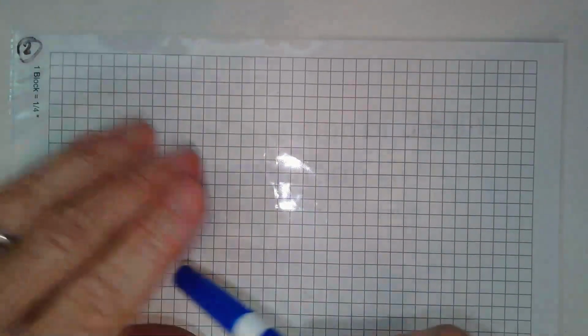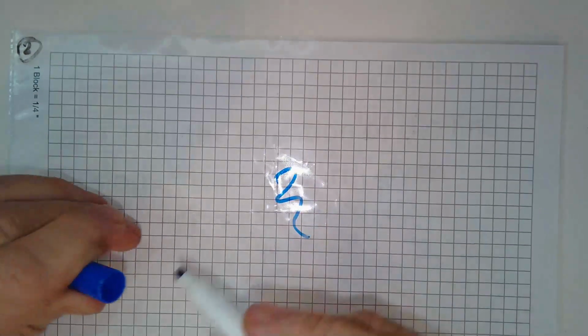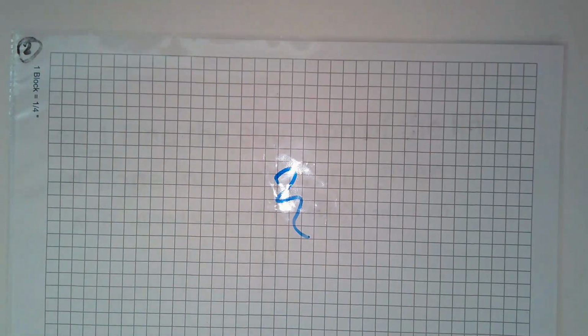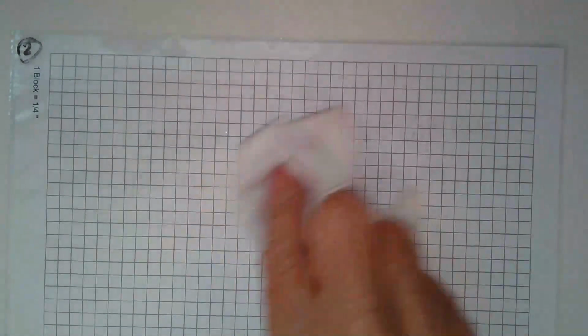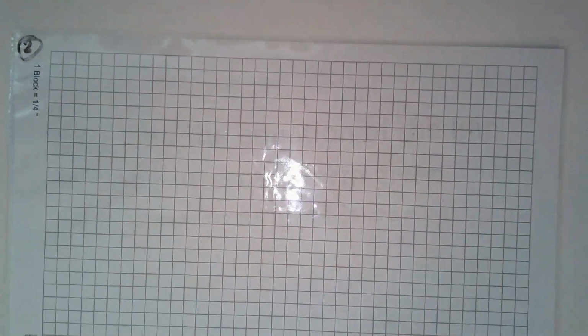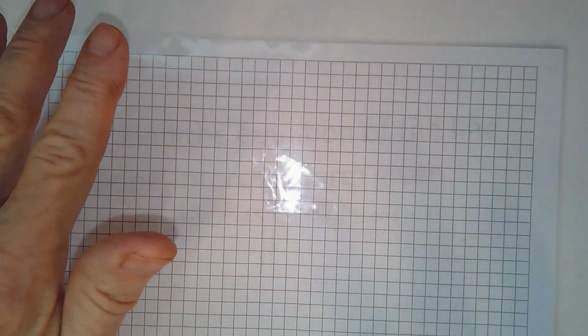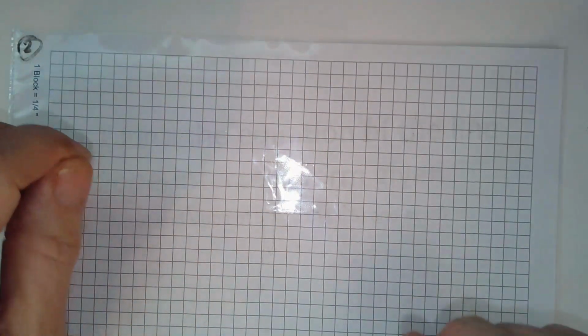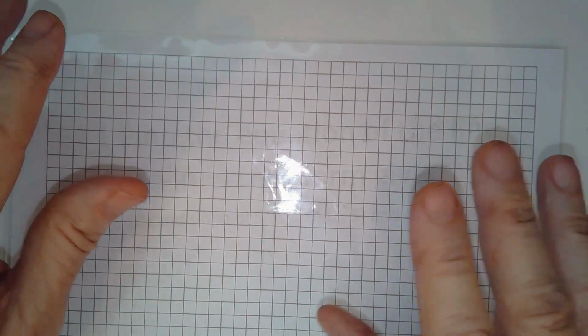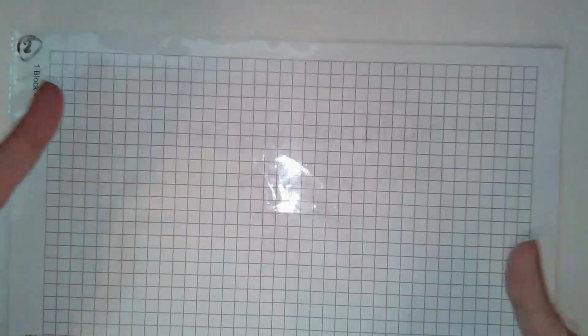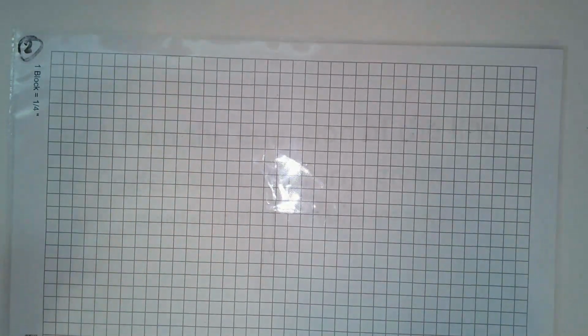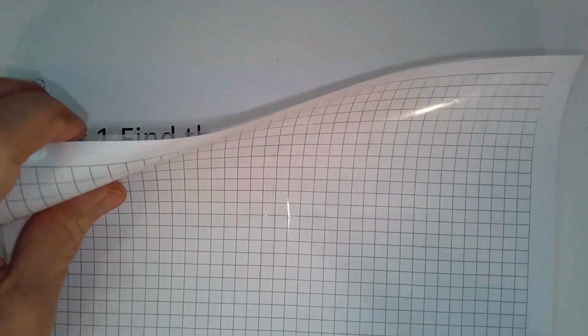So do this. You can write on it, and then you can get your little eraser that we made, and you just erase it, and you're ready to start again. So there's no need to have any more paper if you don't want to. But if you do want to use regular paper, go ahead. That's fine. The choice is yours.